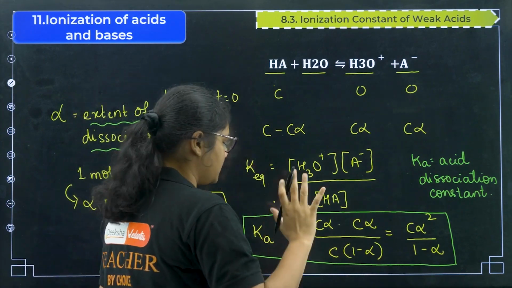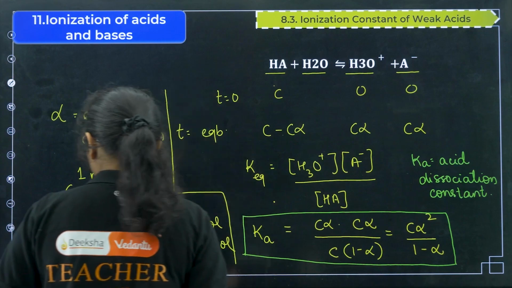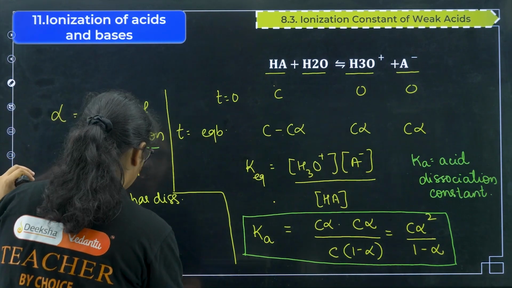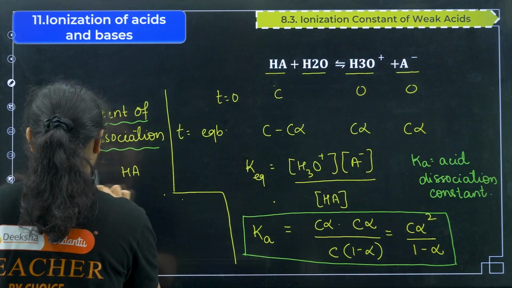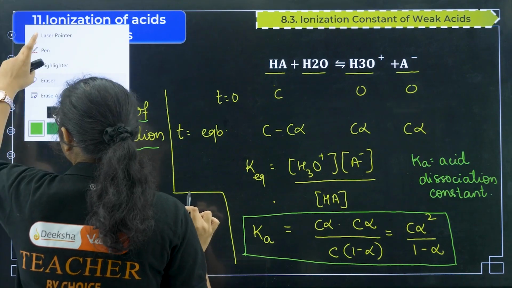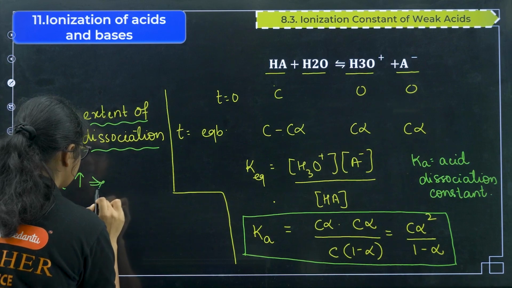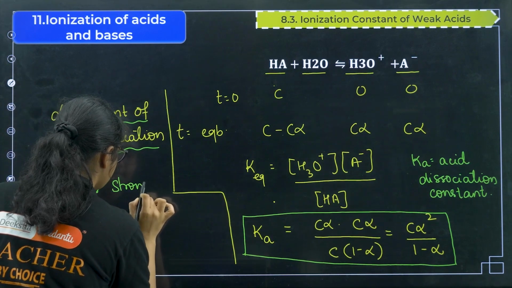Here one very important thing you should know: if Ka is more, then it is a stronger acid. If the Ka value is high, that implies it is a strong acid.